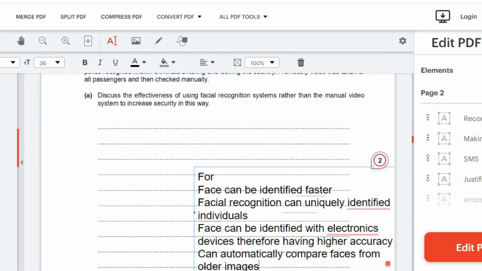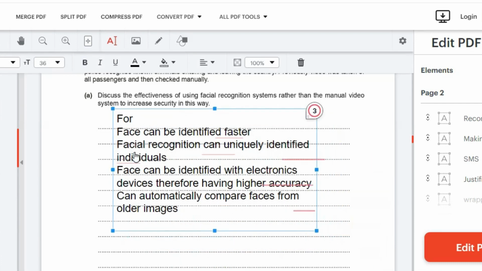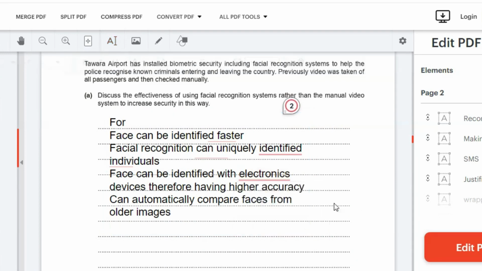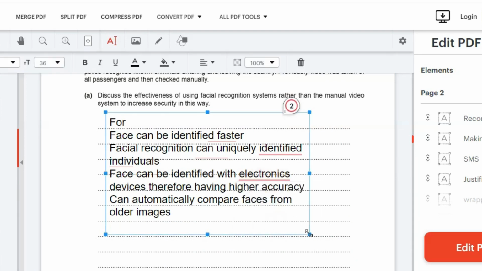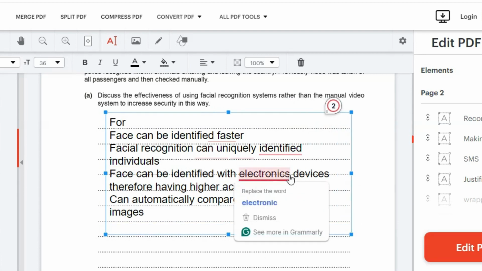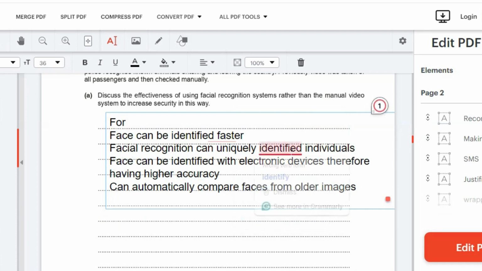All right, so these are 4 cogent reasons, or we call them advantages, of using the facial recognition system.